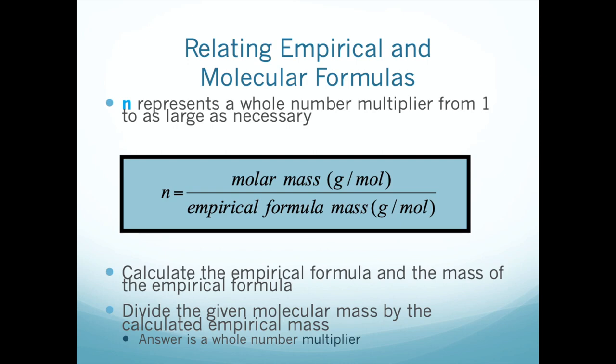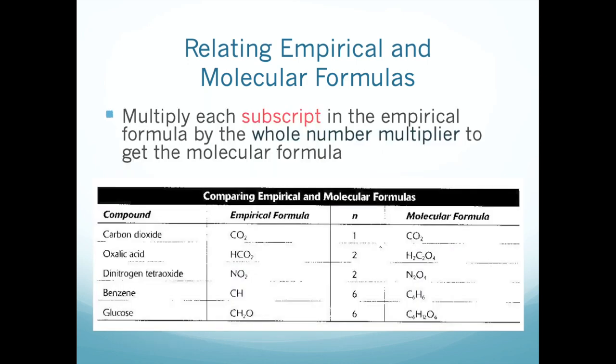We're going to compare the mass of our molecular formula, which is our molar mass. If we divide that by the mass of our empirical formula, we know how many times to scale up. Again, I'll show you this in an example, which will probably make it easier to understand than me just saying it.